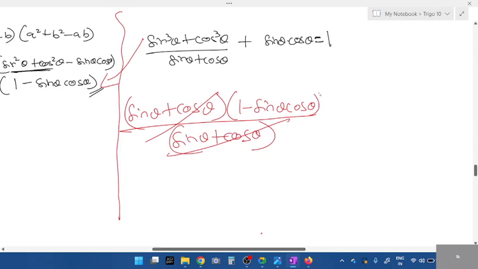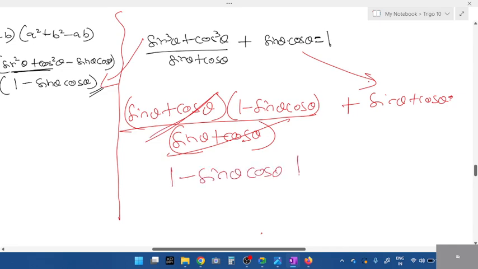Yes, this gets cancelled. And we are left with sin theta plus cos theta. Now, this one. After cancelling out, we have 1 minus sin theta cos theta plus sin theta cos theta. This is like 1 minus x plus x. Which one gets cancelled?